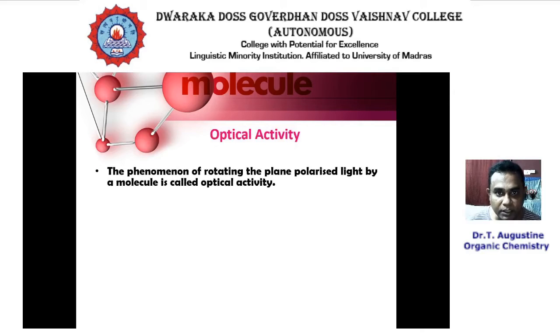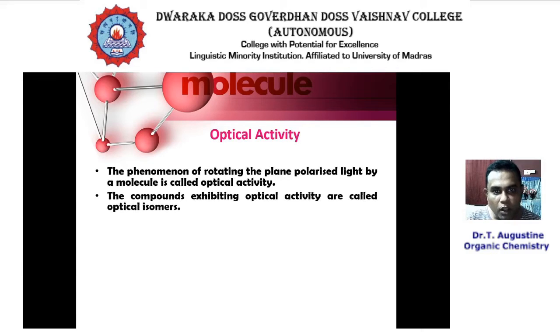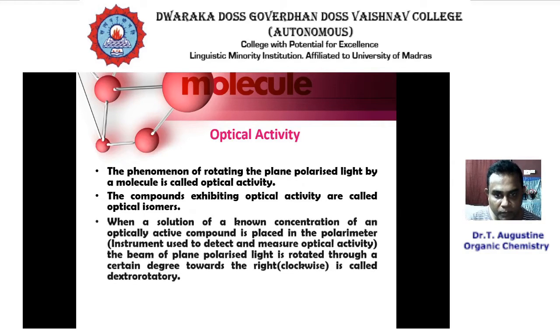Optical activity is the phenomenon of rotating the plane polarized light by a molecule. What type of compounds exhibit optical activity? There are certain criteria for a molecule to exhibit optical activity, and such compounds are called optical isomers.